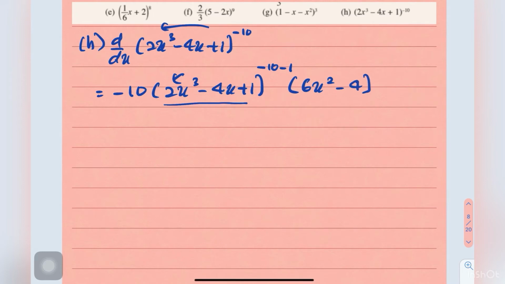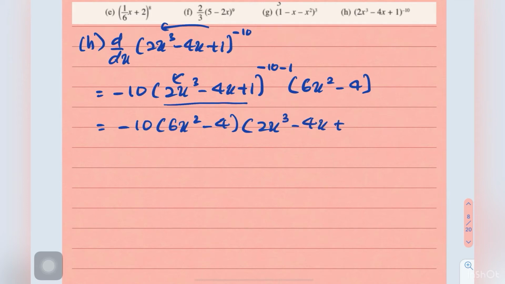Okay. So we rearrange: negative 10 (6x squared minus 4)(2x cubed minus 4x plus 1)^(-11).